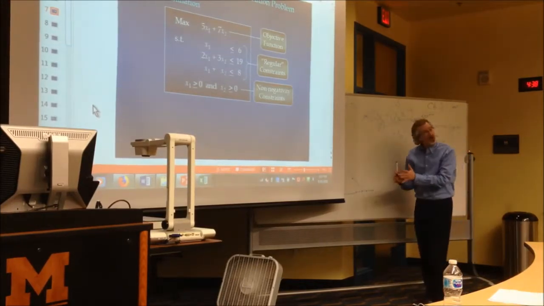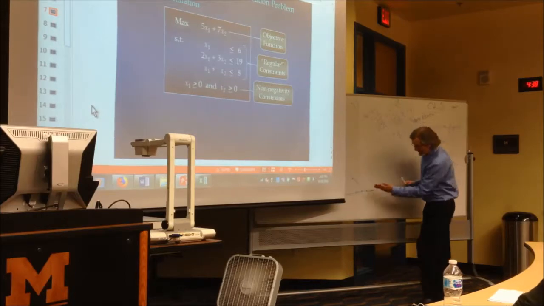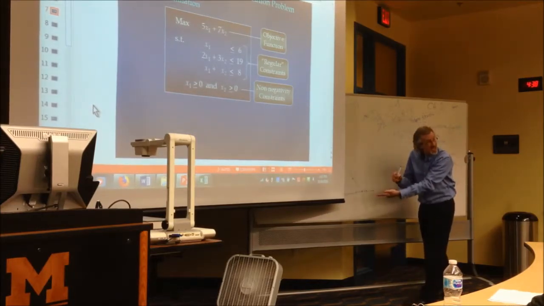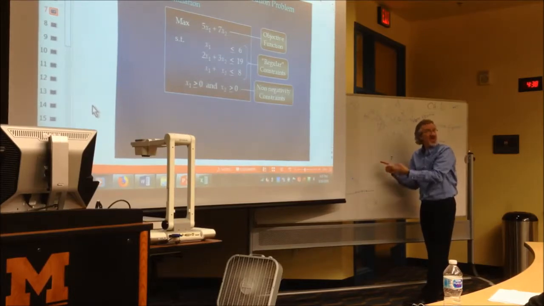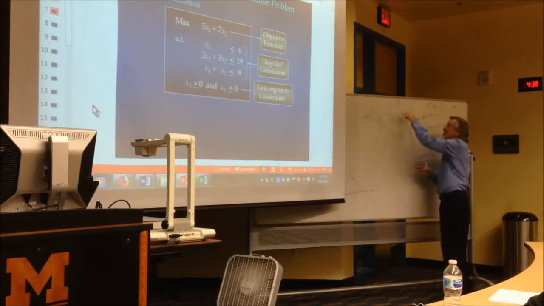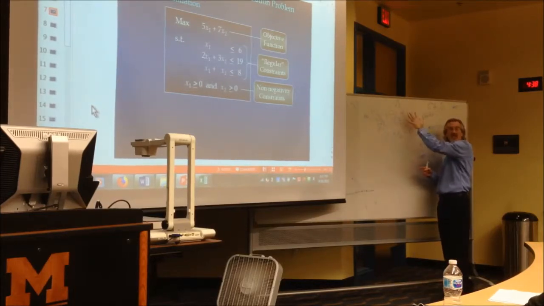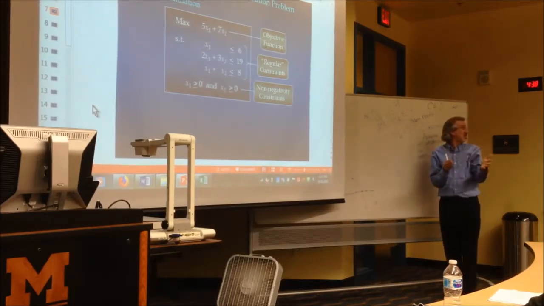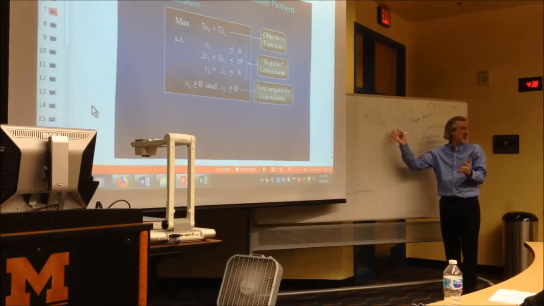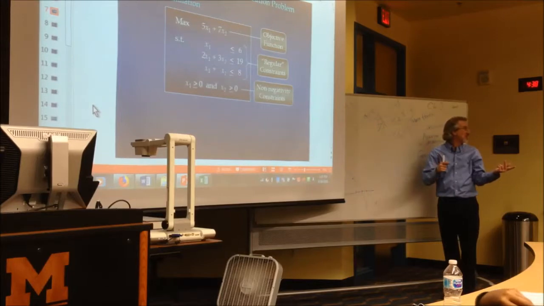What I always do to figure out which way to shade that line right here, this one, is I pick a point on one side or the other. And then I take that point and I plug it into the equation, and if it is less than or equal to 19, that must be the direction I shade. If it's not, then that's not the direction I shade. I don't need to do any other math. The opposite direction would be the way to shade.